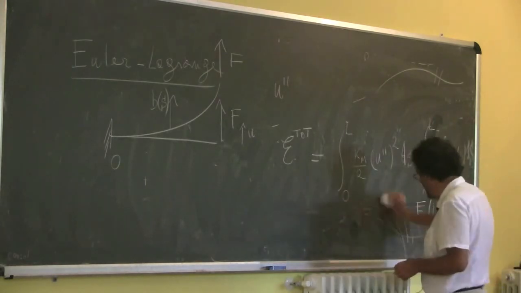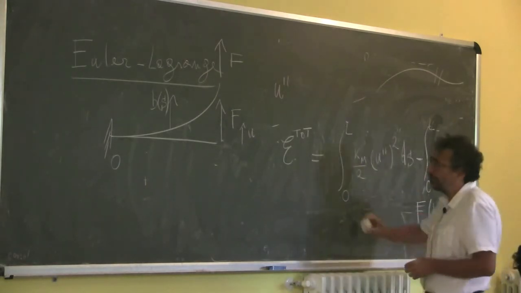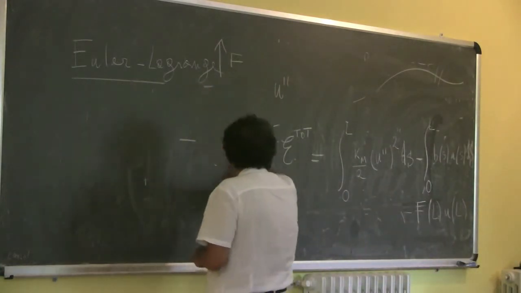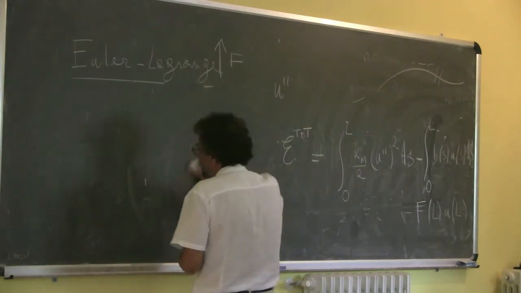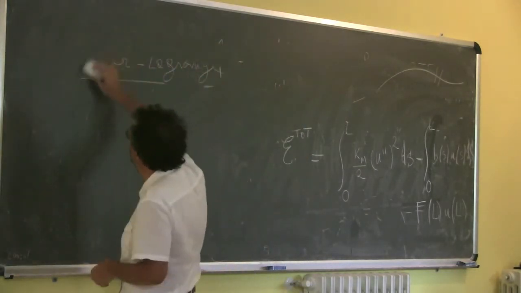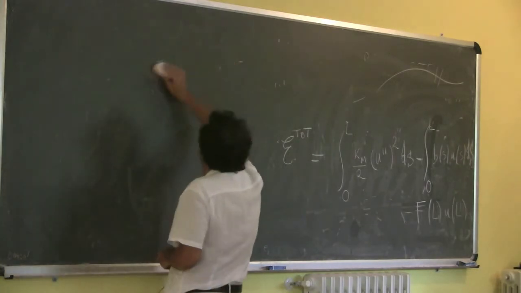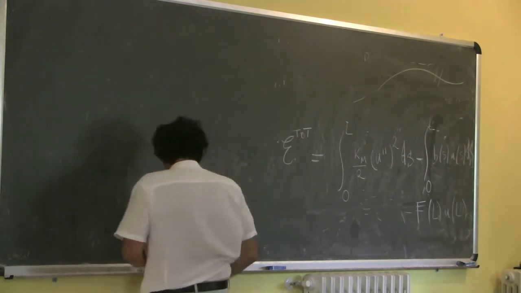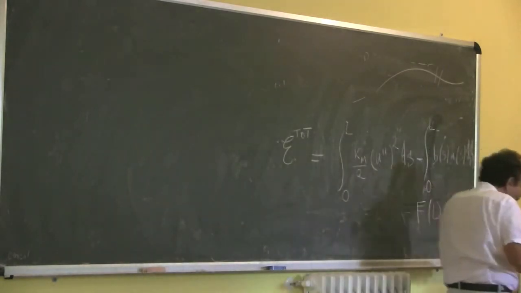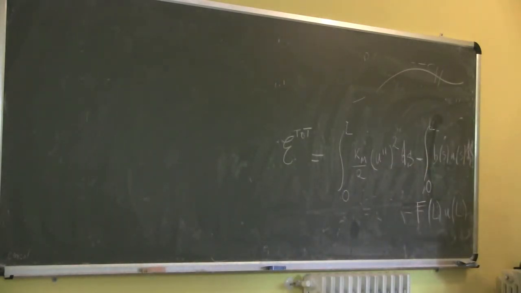Good. Now we forget for a while about the beam and we try to understand the mathematical problem. How do you find minima in general?